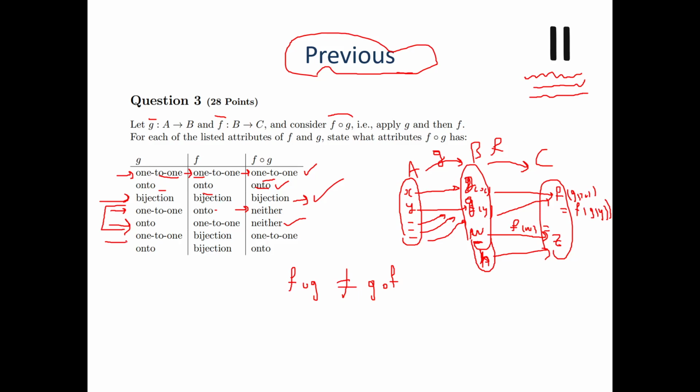What about the last two parts? You can conclude from the previous ones. So G is 1-to-1, F is a bijection, so F is both 1-to-1 and surjective. So you can conclude that the round is 1-to-1 because of the first part. But now you have to prove that it's not necessarily surjective.